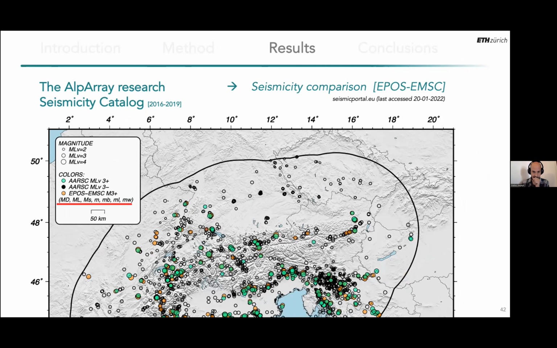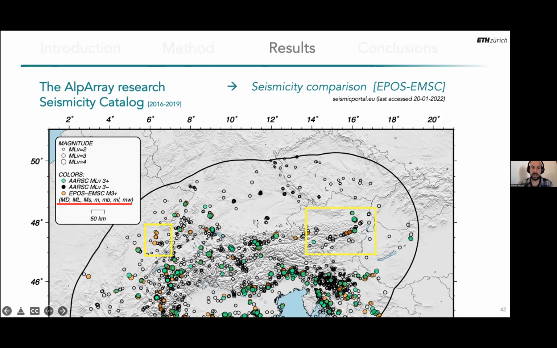Although one may think there are differences in two smaller regions, being these tectonic lineaments and also this one on the Mur-Mürz fault, where magnitude 3 events were reported by EMC and were lacking from our side. But this is actually not true. In fact, we were able to pair these events, just with different magnitude reports.